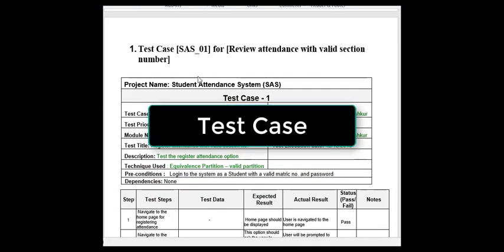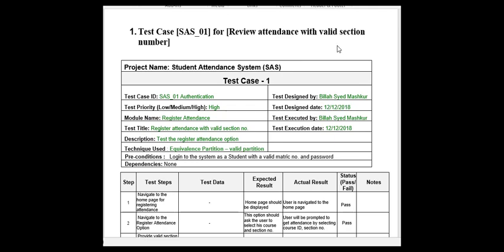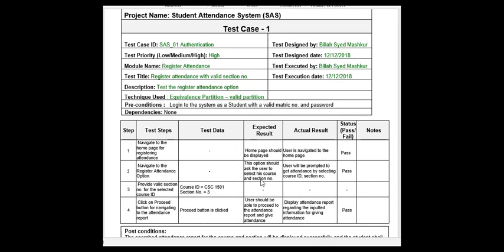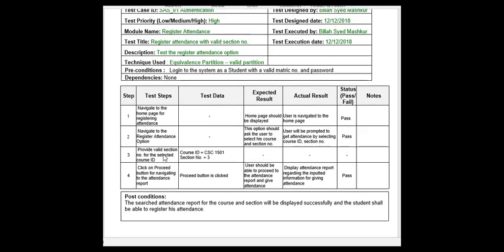So these are test cases. Our first test case is review attendance with valid section number. When the student is going to review for registering his attendance, he has to select the correct section number for his course. So first he will navigate to the home page for registering attendance, then navigate to the register attendance option, and then he will provide a valid section number for the selected course ID.